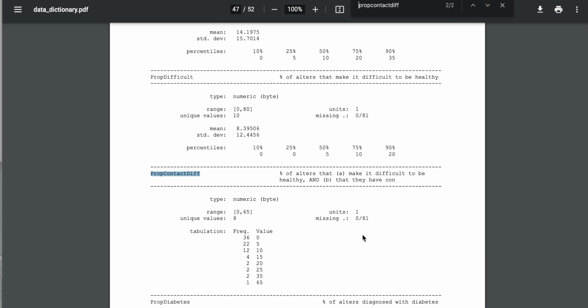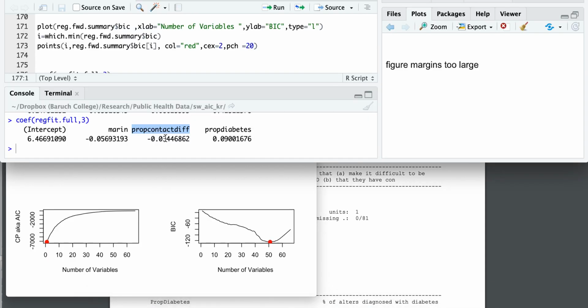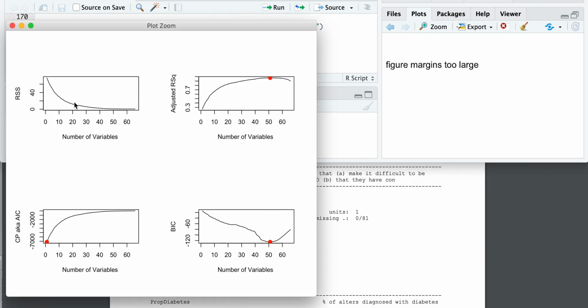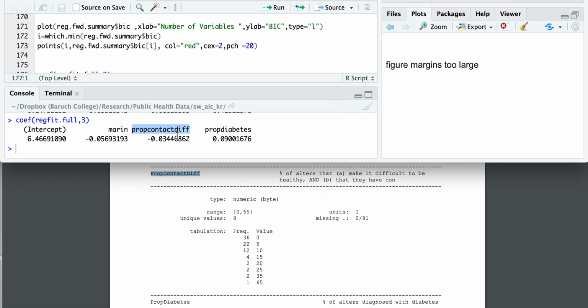The number of alters that make it difficult to be healthy. The larger this is, the lower the outcome, and prop contact diff is negative, which is counterintuitive.